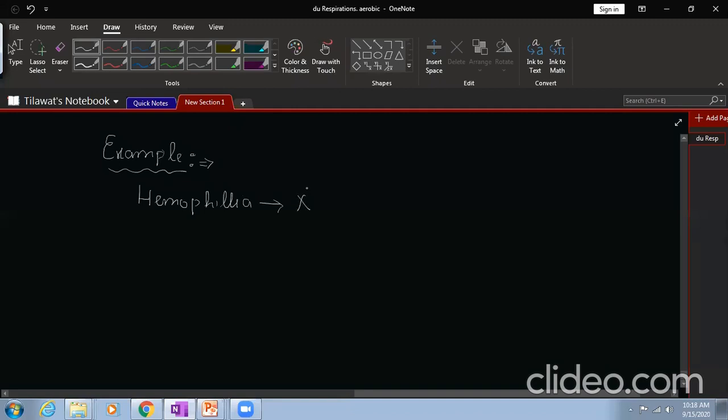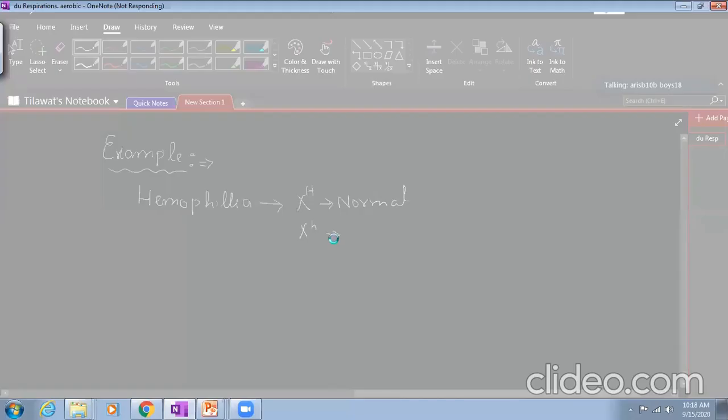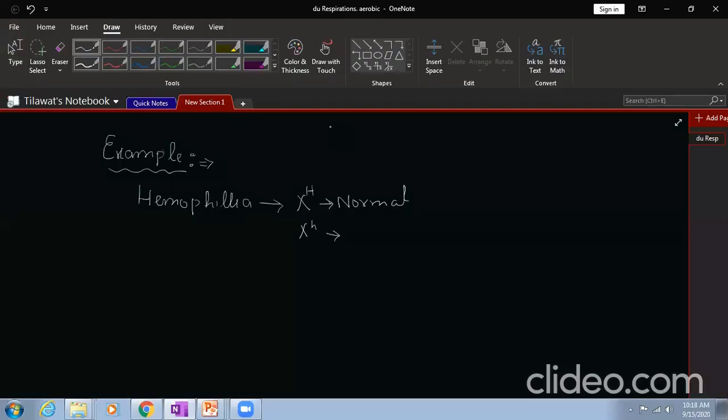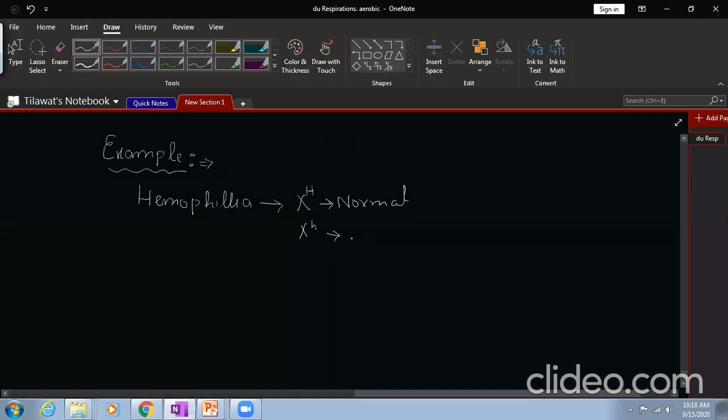So what will we select for H? Normal. Capital H for normal and small h for recessive, that is abnormal, are affected with hemophilia. Affected person, right?